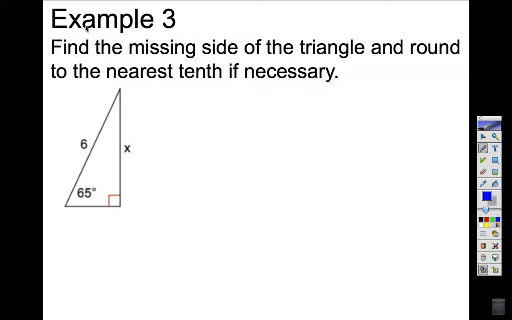Example 3, I am asked to find the missing side of the triangle and round to the nearest tenth if necessary. So here's my angle. Here is opposite. And here is hypotenuse. Here is adjacent. Opposite and hypotenuse is sine. So I'm using sine of 65 degrees equals x over 6.